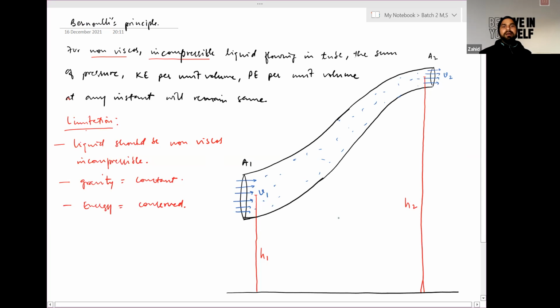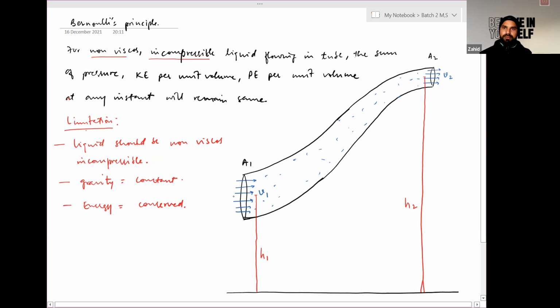So the question is, how will liquid flow from some lower level to some higher level? You need some external agency to move this entire liquid from lower height to some other higher height.